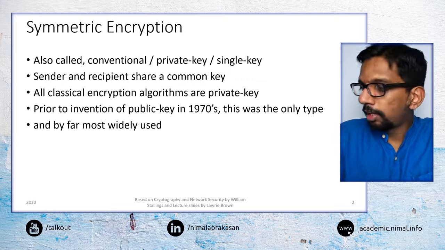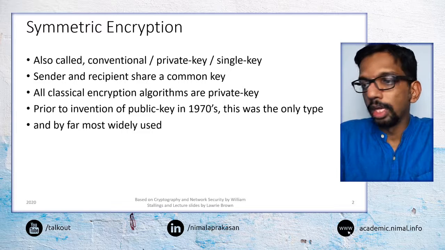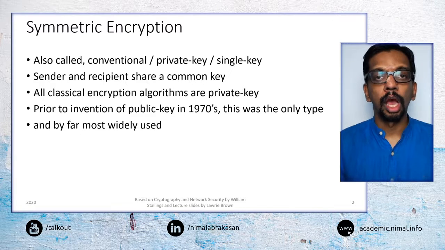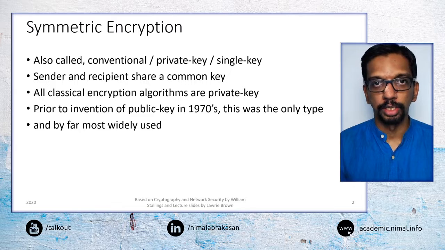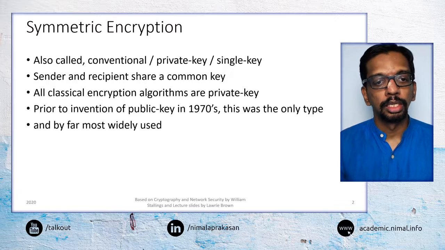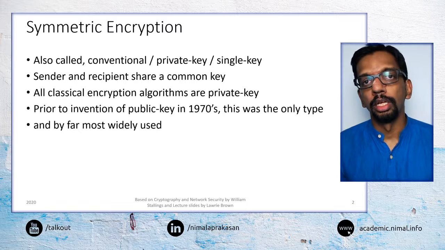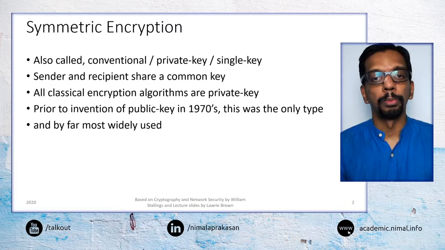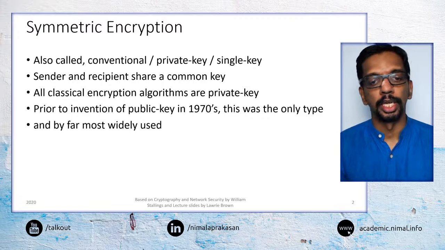The types of encryption techniques that we are going to be focusing on today are called symmetric encryption techniques. They are also called classical, conventional encryption techniques, also private key, single key encryption techniques.